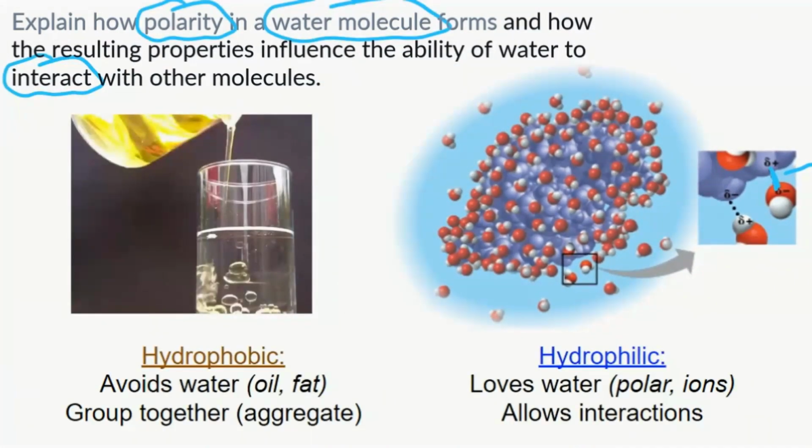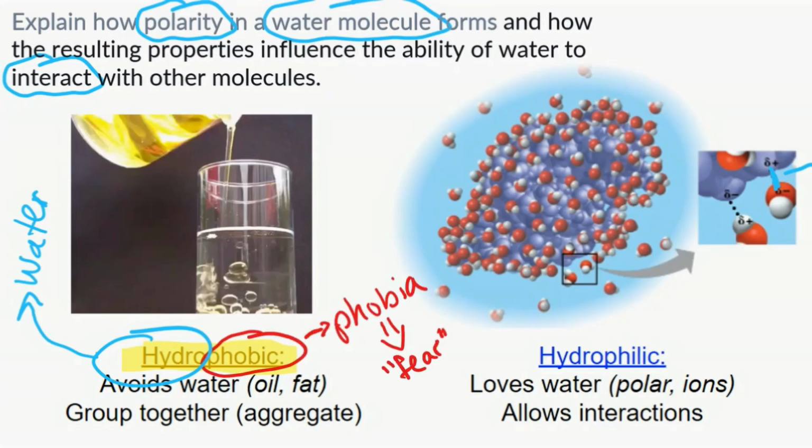Now, when talking about a molecule's interaction with water, we refer to them as either hydrophobic or hydrophilic. A hydrophilic substance is one that binds readily with water because it's a polar molecule, just like water. In contrast, a hydrophobic substance is one that does not or cannot interact with water. Hydro, right, meaning water, and phobic, meaning fear, right?